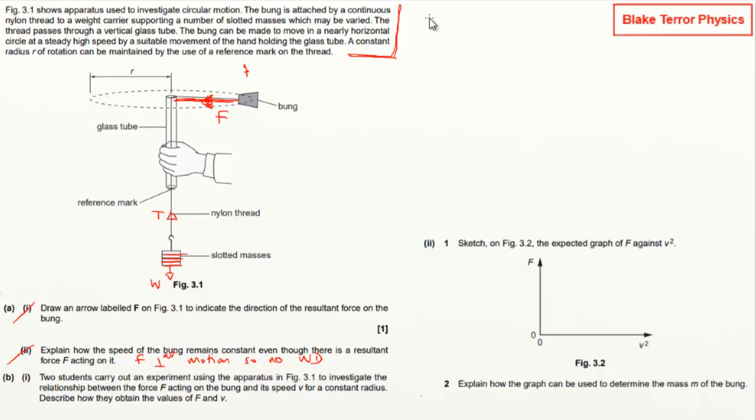We've got to get the weight of the masses, so we weigh masses using scales. Then the tension is equal to the weight of the masses, so that tension is equal to W. That is F. So we've got that straight away.